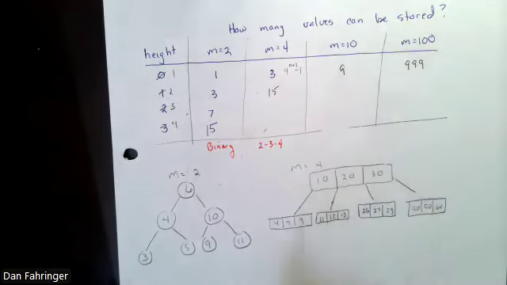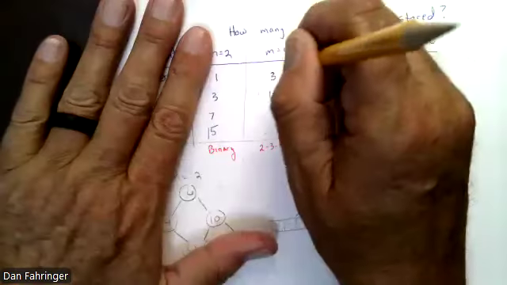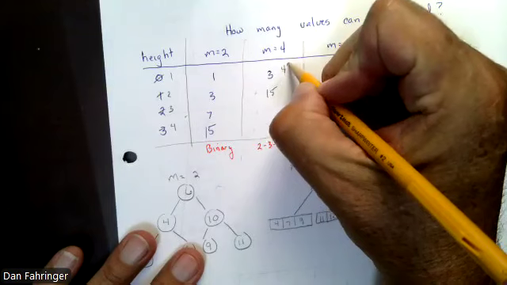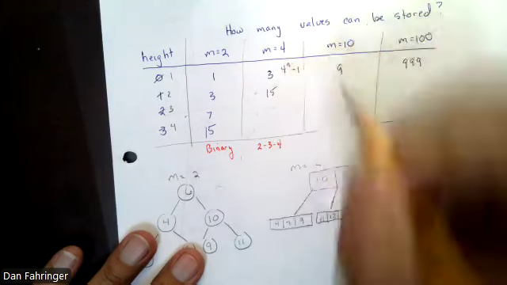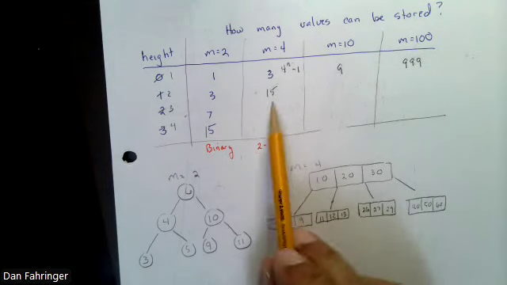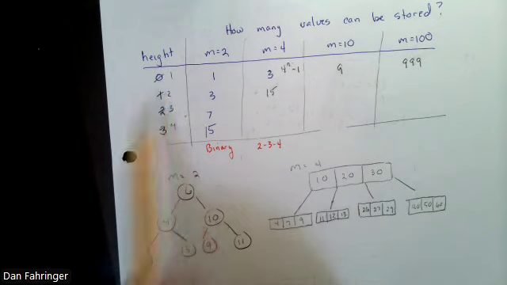And then we kept going with this, and we sort of came up with 4 to the n minus 1. There are books that say height is 0 when you just have the root.